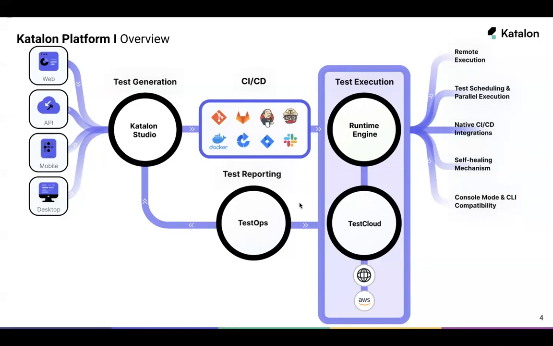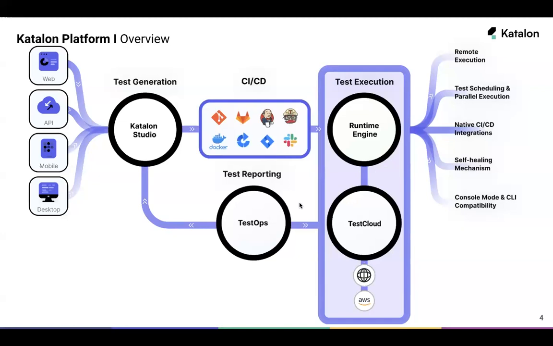In the same way, if you want to do cross-browser, cross-device testing, we have the Test Cloud feature, where multiple OS device combinations and browsers are available, which helps us do cross-device testing without any physical or manual setup.